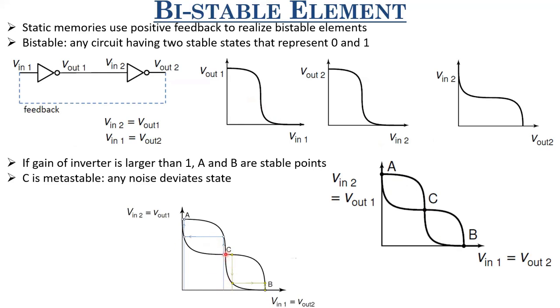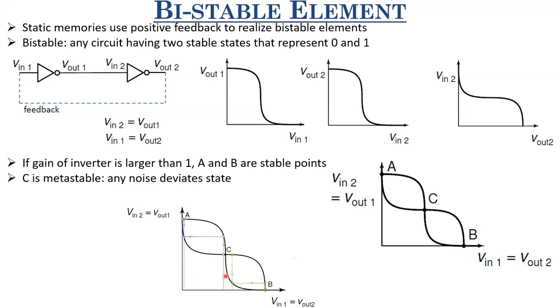If it deviates towards the left, what is our input then? C is typically at VDD by 2, right? Now if it's deviated towards less than VDD by 2, V in 1 is less than VDD by 2. So if V in 1 is less than VDD by 2, we get the output V out 1 here, right?